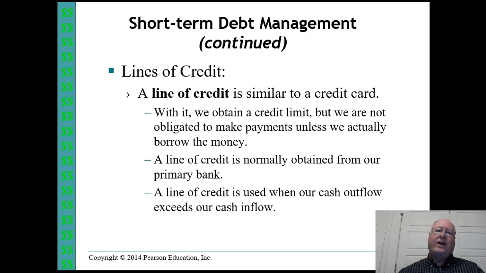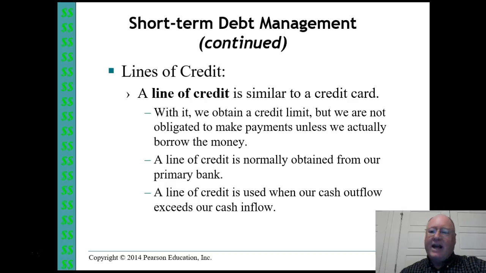Obviously, a line of credit that is out there is similar to a credit card. With the lines of credit that we usually get from the bank, we're not obligated to make payments unless we actually borrow the money. So a line of credit is normally obtained from our primary bank, and it's used just to cover when we have a deficiency and our cash outflow exceeds our cash inflow.